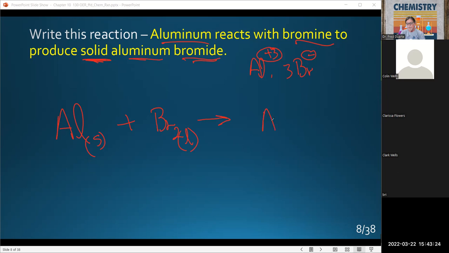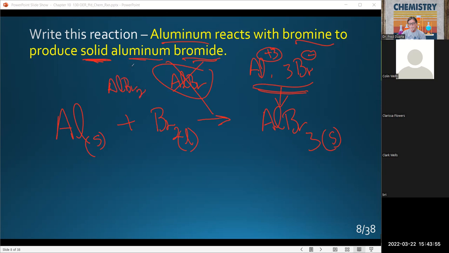So the formula is AlBr3 in its solid form. Again, I cannot overemphasize writing the ionic compounds in ionic form first before you put them together. I can't tell you how many times, for aluminum bromide, I've seen incorrect formulas. I've also seen AlBr2, which is also incorrect because they thought that aluminum was a group 2 element. It's a group 3, +3.